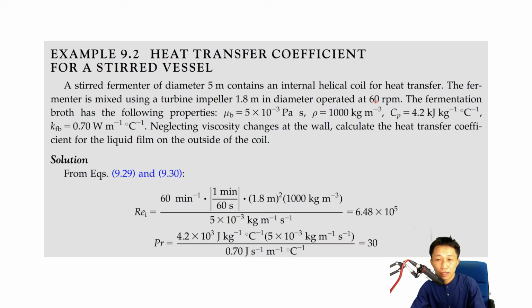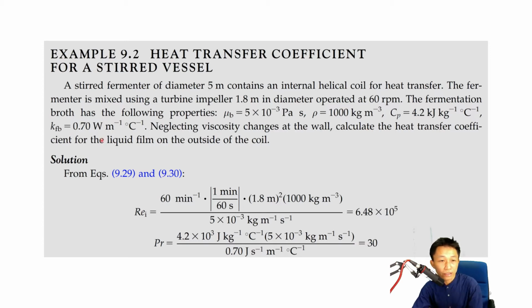This is the stirrer speed, 60 RPM, revolutions per minute. The fermentation broth, the liquid inside the fermenter, has this viscosity, density, and Cp, the Prandtl number, and this is K. Neglect the velocity change; we just use the same.